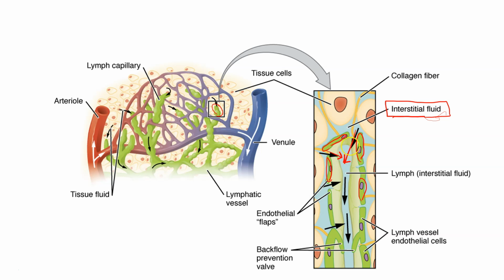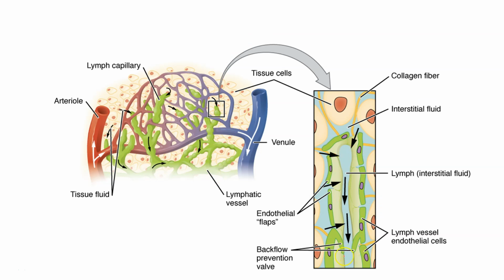In that sense, it promotes one-way movement of fluid from the origin, these blind ends, because they just stop. They're like dead ends. So it promotes one-way movement of fluid into the blind ends of the lymph capillaries and then through the lymphatic vessels.